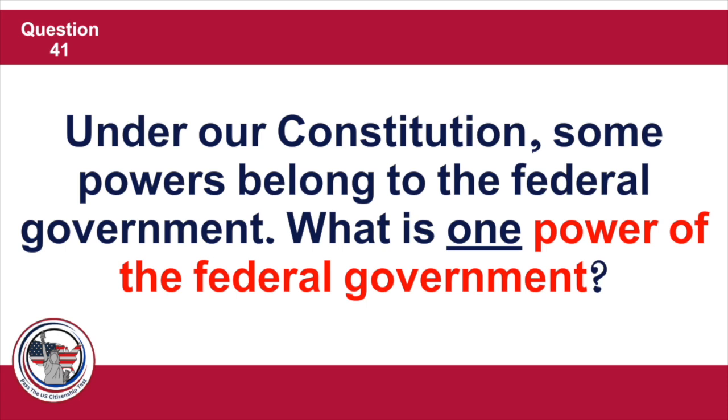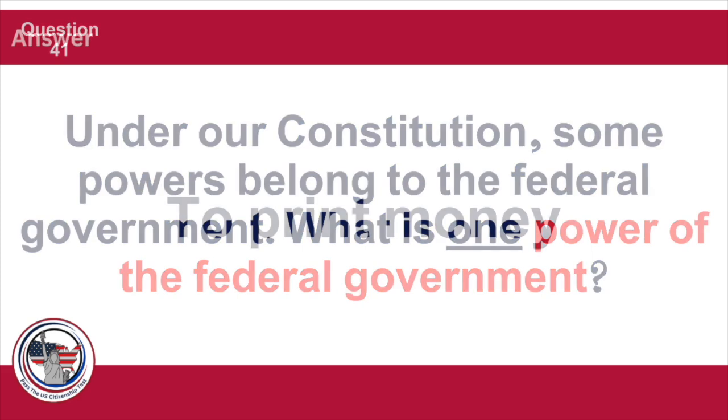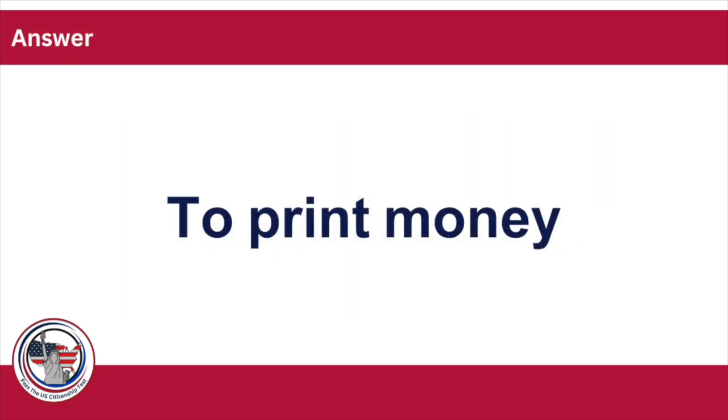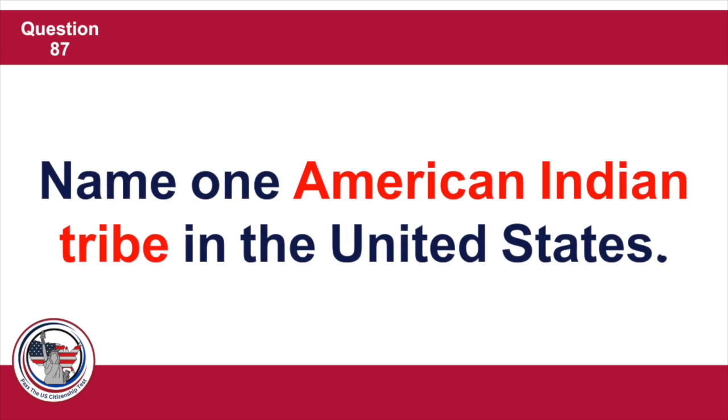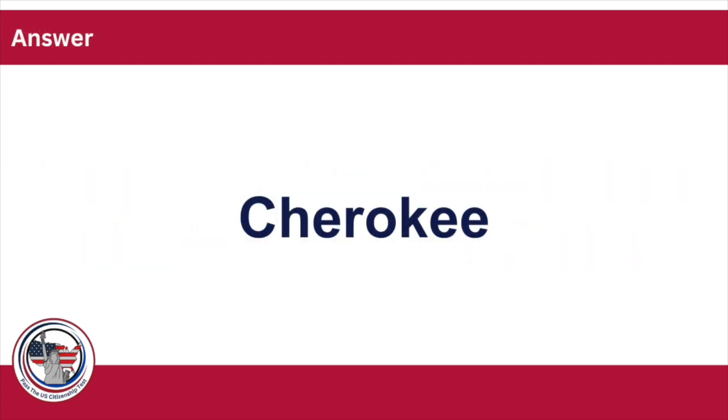Under our Constitution, some powers belong to the federal government. What is one power of the federal government? To print money. Name one American Indian tribe in the United States. Cherokee.